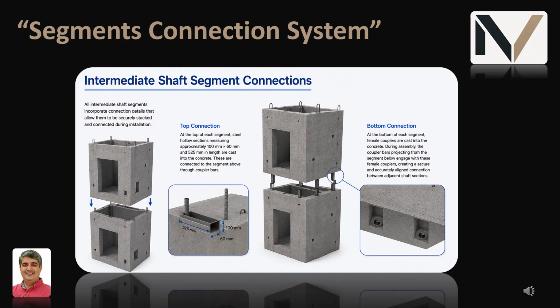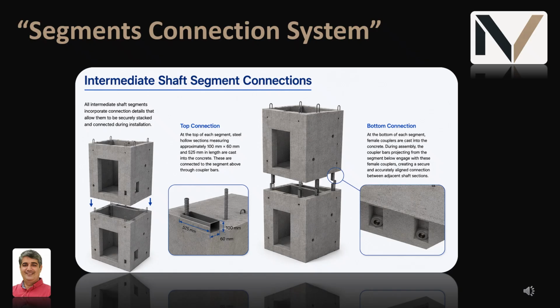All intermediate shaft segments incorporate connection details that allow them to be securely stacked and connected during installation. At the top of each segment, steel hollow sections measuring approximately 100 mm by 60 mm and 525 mm in length are cast into the concrete. These are connected to the segment above through coupler bars.